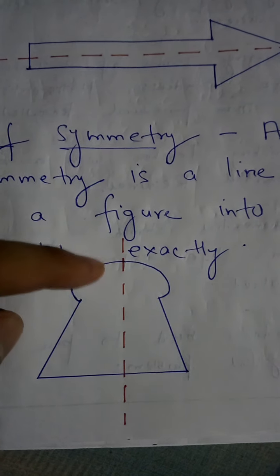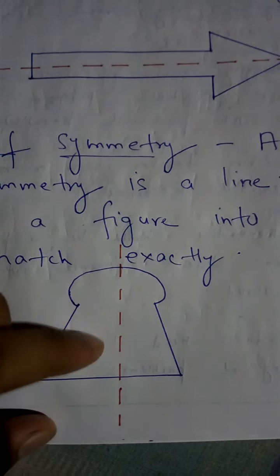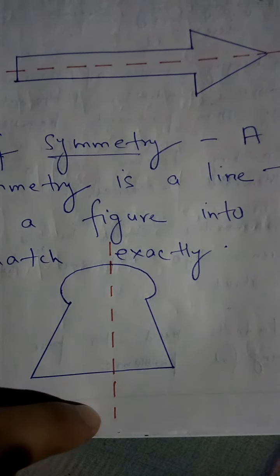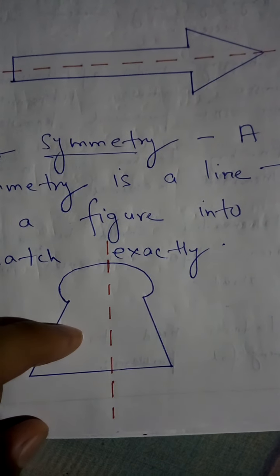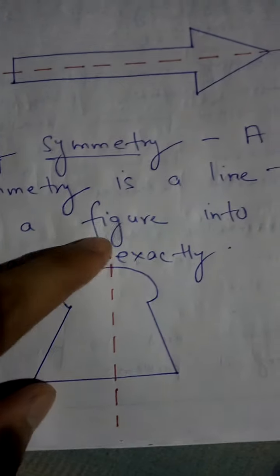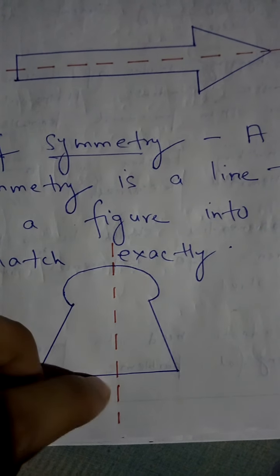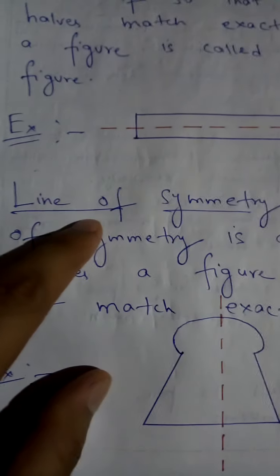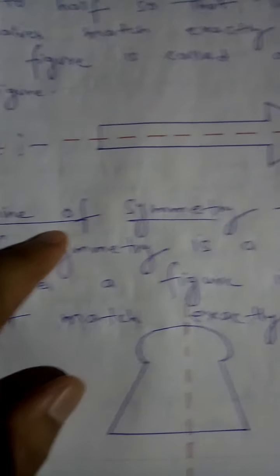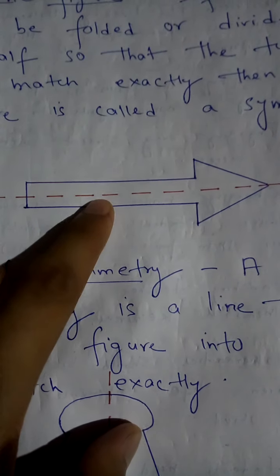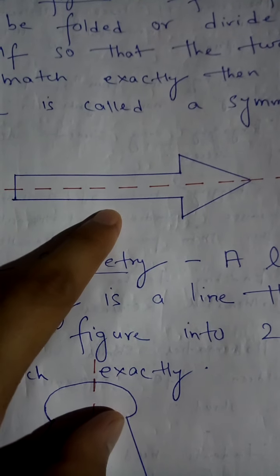They are exactly the same. So this red line is called a line of symmetry. In the above figure, this red line is called the line of symmetry. So these two figures are called symmetric figures, and these red lines are called lines of symmetry. Okay, clear?